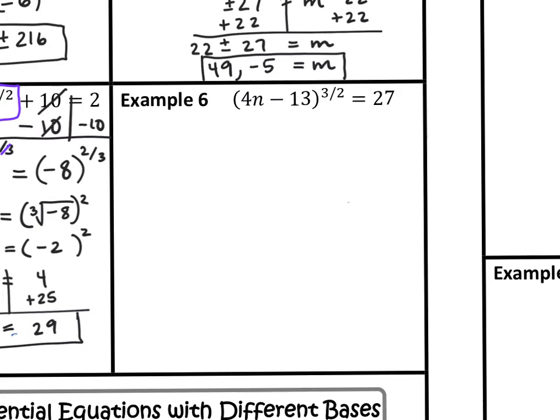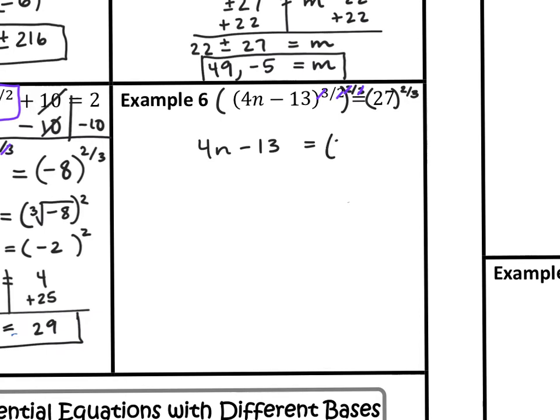So we can raise both sides of the equation to the reciprocal. 3/2 flipped is 2/3. So this will cancel and this will cancel. That's going to leave me with 4n minus 13 equals, now let's change the exponential into radical form.